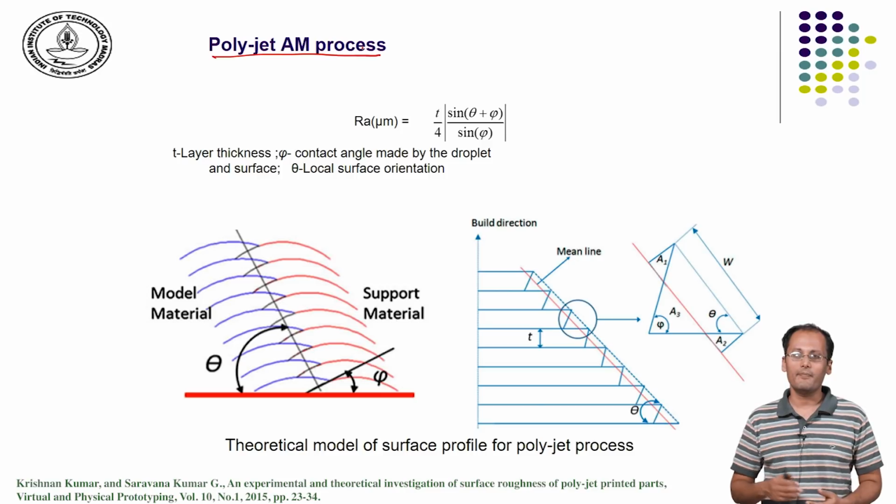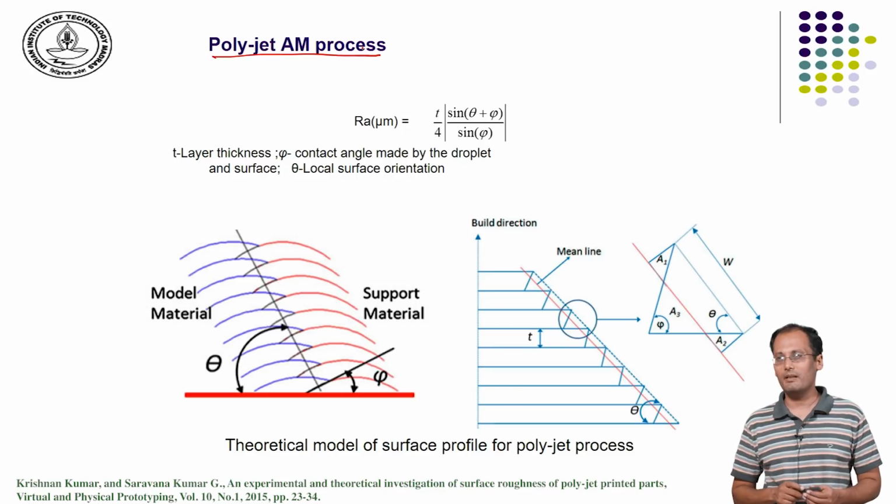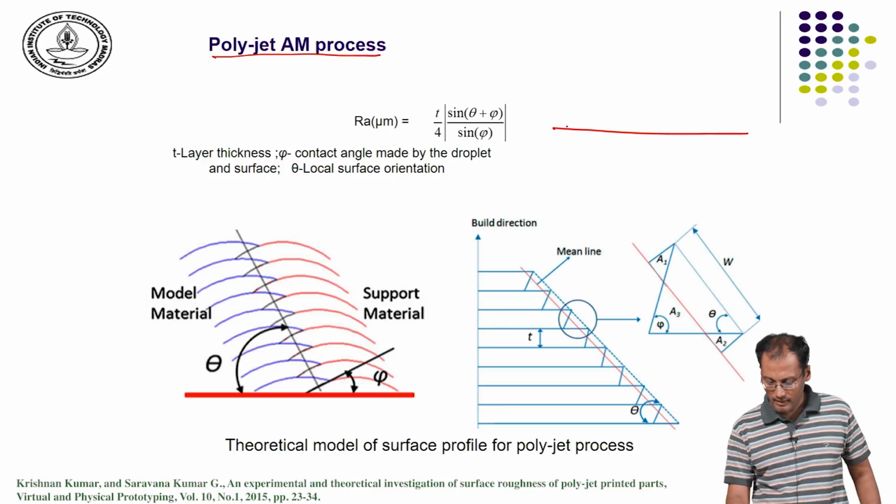It is like a desktop printer, where we have the printer head printing the liquid resin. Let us say if I have a 600 dpi printer, it prints 600 dots per inch, and so if there is a layer, a series of such droplets are deposited, and then in the subsequent layer, the drops are deposited.